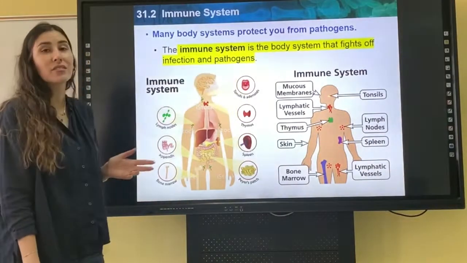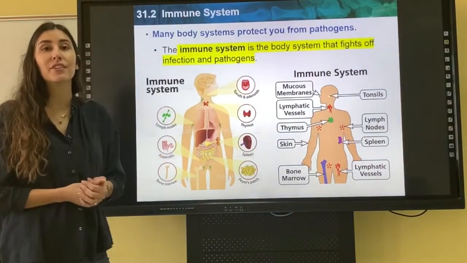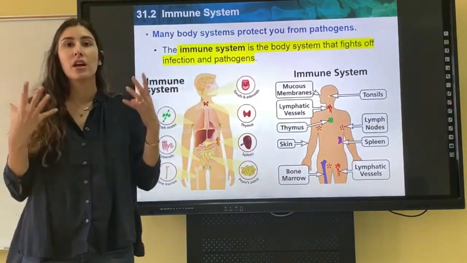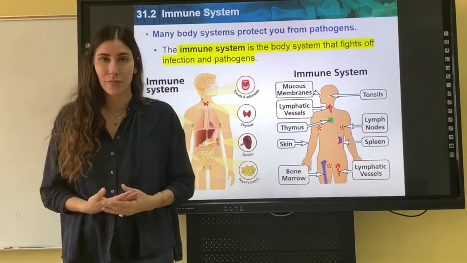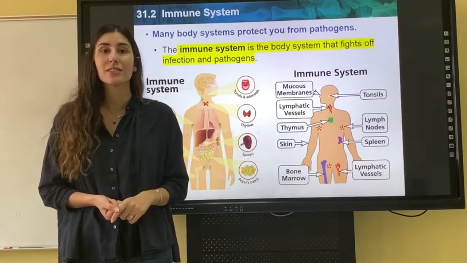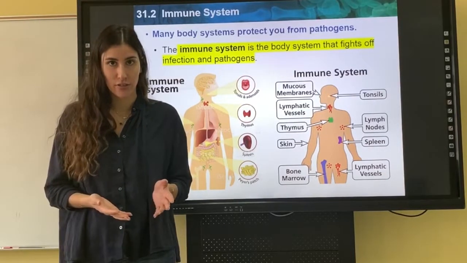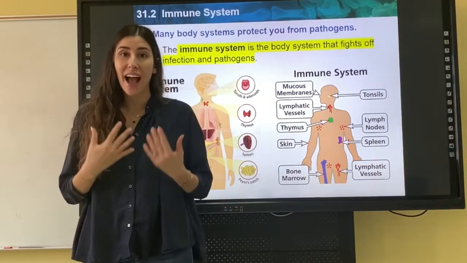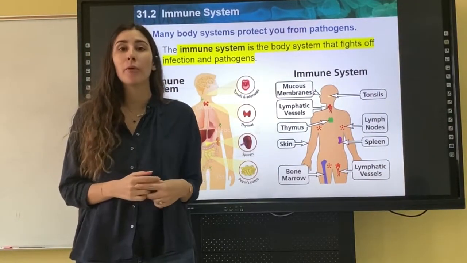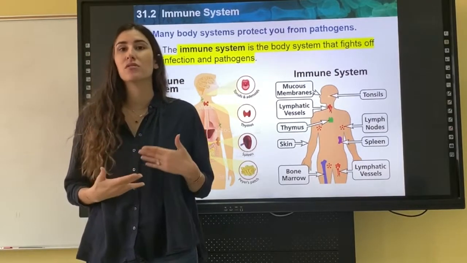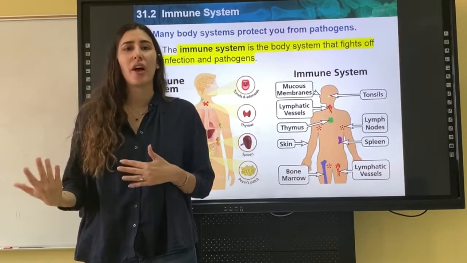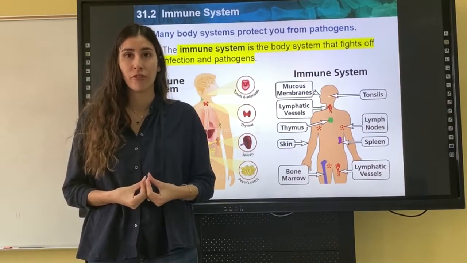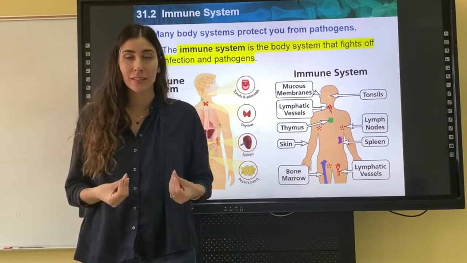Now, when we're talking about the immune system, the basic function of the immune system is to provide the body with a sort of defense mechanism in order to fight off pathogens as well as infections, okay? So, lucky for us, we have an immune system. People who have compromised immune systems, meaning that their immune systems are not working properly, they have some form of disorder or even disease that prevents their immune system from functioning properly, consistently get sick.